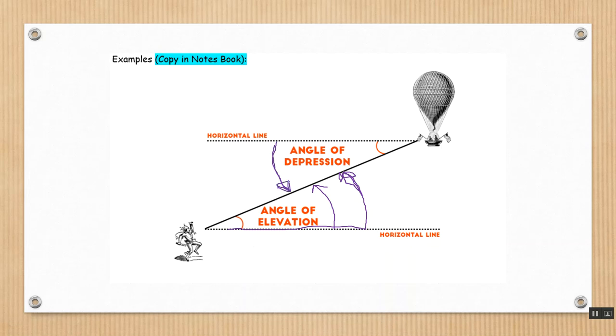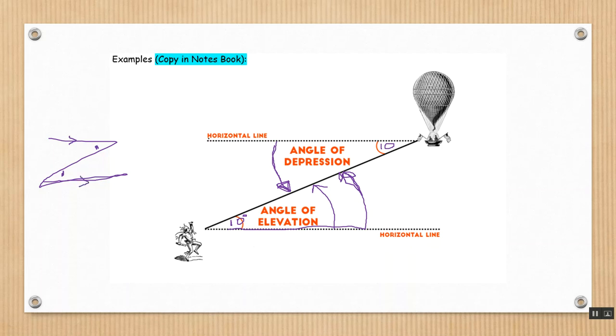From our work in stage 4 geometry, we know that if this is 10 degrees, then this will be 10 degrees as well. These angles are equal. The reason is they're alternate angles, or Z angles, which are equal if we have parallel lines.